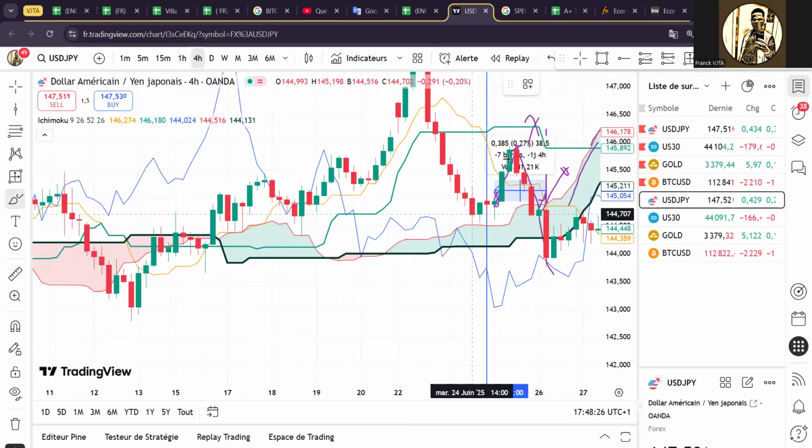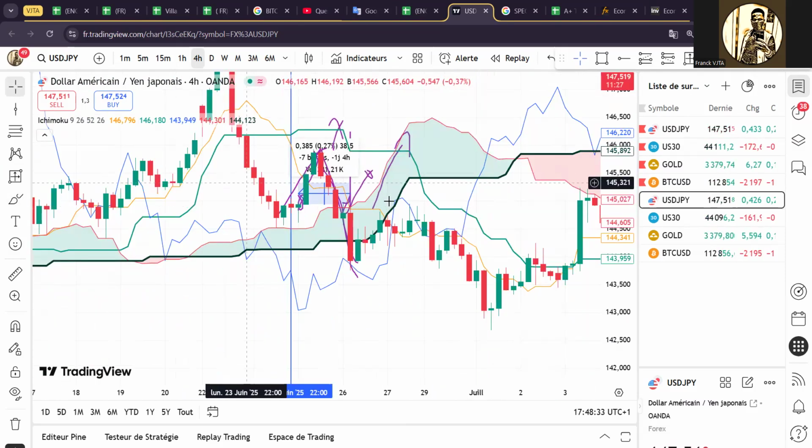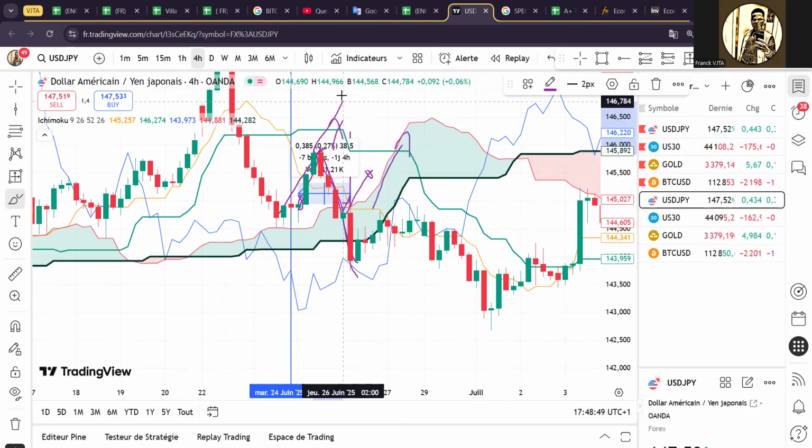So this reduction was just to have a first Tenkan touch, and the candle must continue down because the freshness of a TK has a lot of power, a lot of speed, a lot of momentum that drags the price to the downside. So you cannot expect the price to reverse in 1 hour here to the upside because in 4 hours you still have a lot of power. That's the reasoning that you must have.